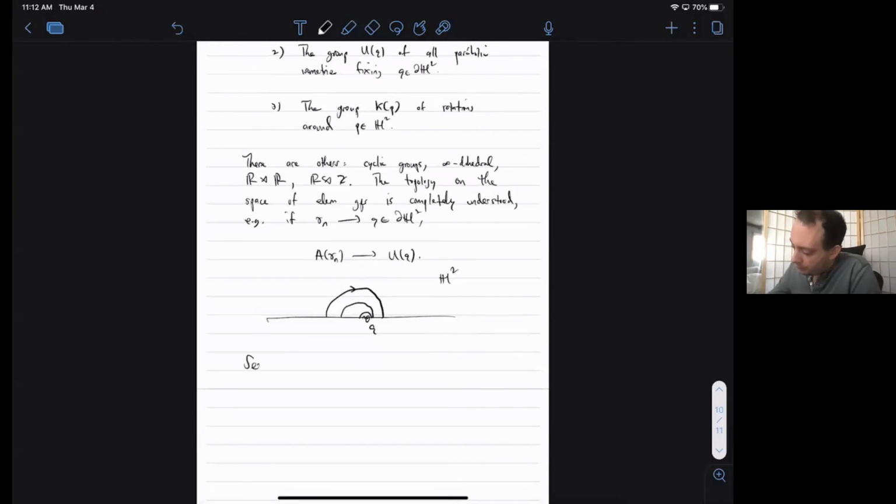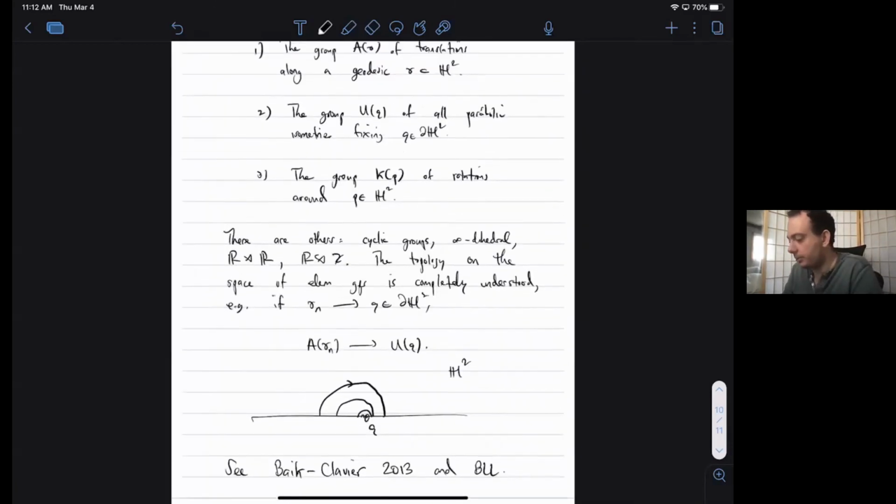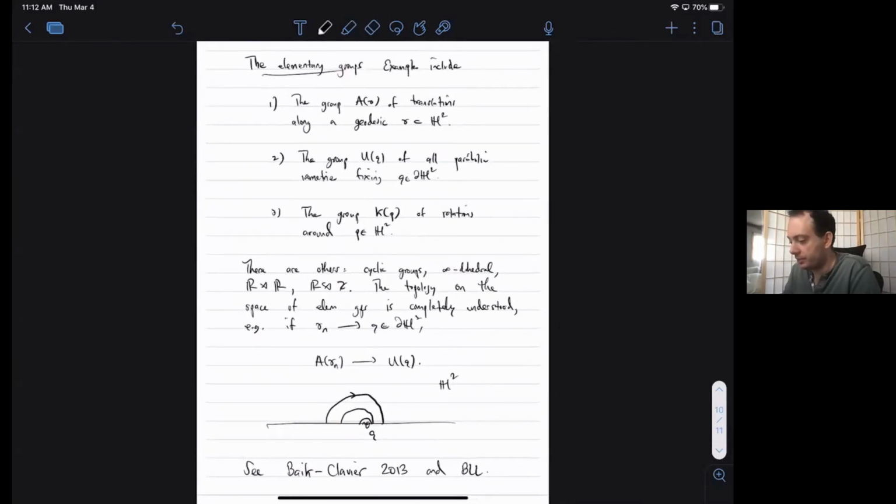Okay, and maybe I'll just say, the first paper to describe this topology was by Bike and Clavier in maybe 2013. They describe the topology on a subspace of this space of elementary groups, and you can see our paper when it comes out soon for a description of the complete topology.